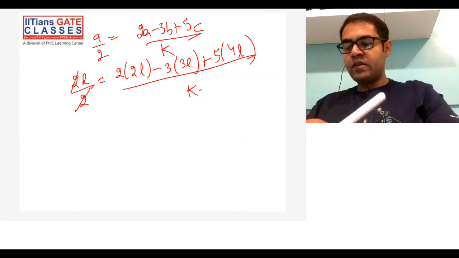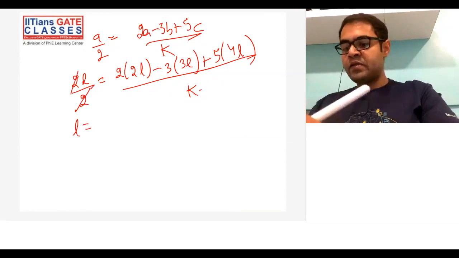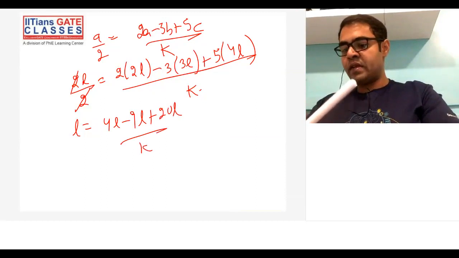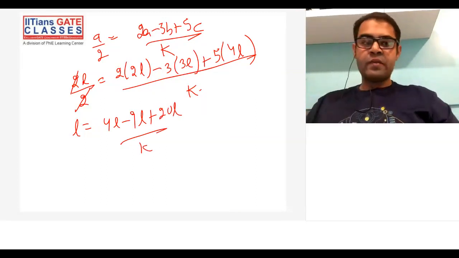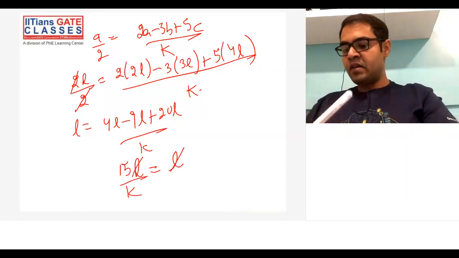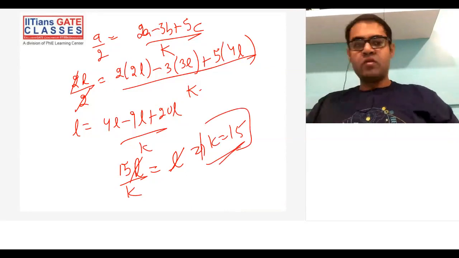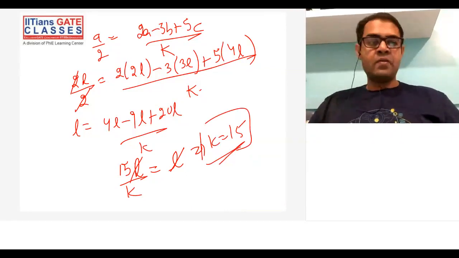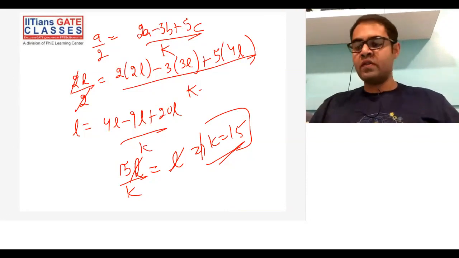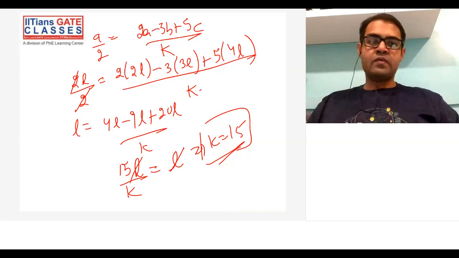So this becomes 4L minus 9L plus 20L by k. 24 minus 9 is 15, so 15L by k is equal to L. When you cancel this, k becomes 15. This is how, in a standard way, you can solve any ratio equality which is given to you.